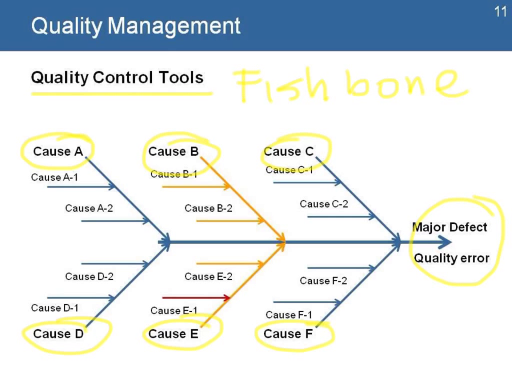For each of those causes, it tries to identify the sub-causes until it identifies one that may have the biggest impact on the defect or the quality error. That helps identify many areas of problems where the project team can make corrections.